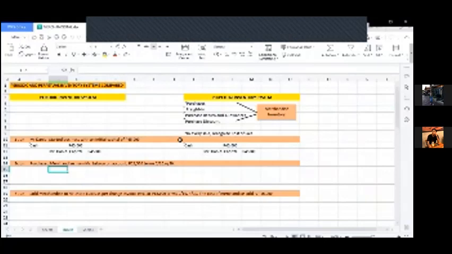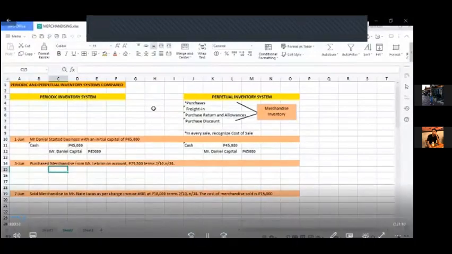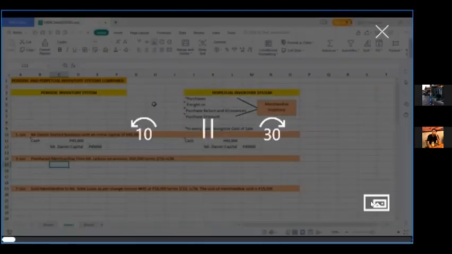Yung nakasanayan nating way of recording journal entries is periodic inventory. Under the periodic inventory system, there is no detailed record ng inventory. Yung physical count lang ng mga goods remaining on hand, yun yung required at the end of each period.